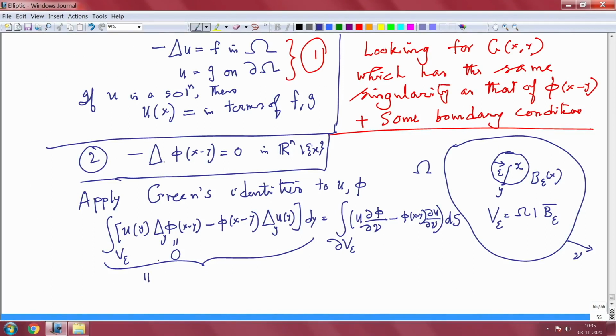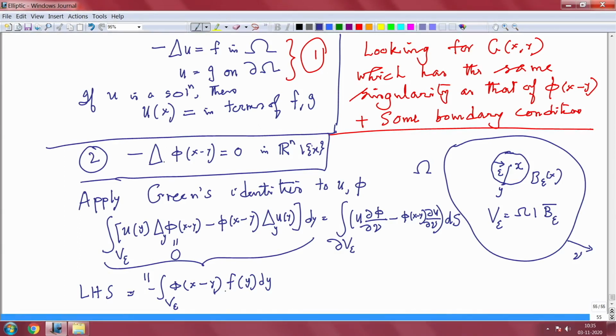The left hand side will be the integral of minus phi of x minus y times f of y dy over V epsilon. But phi has a singularity, but it is locally integrable.